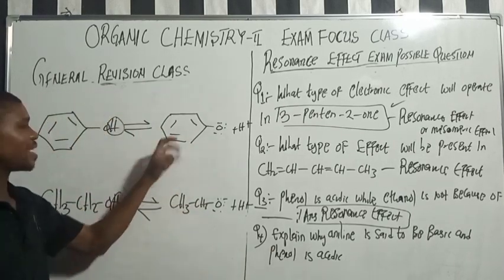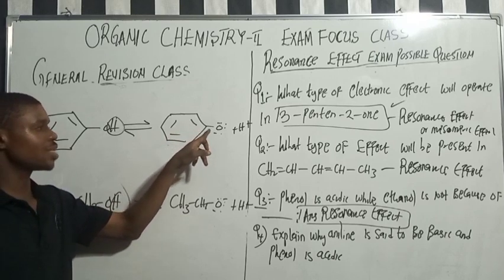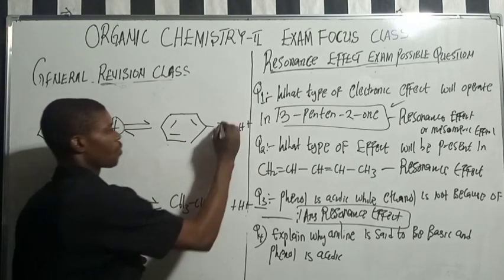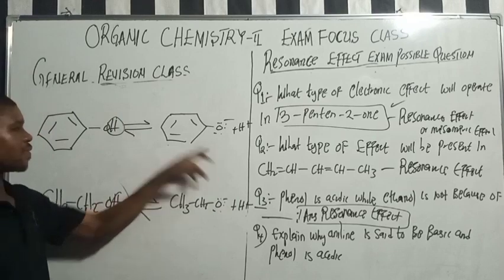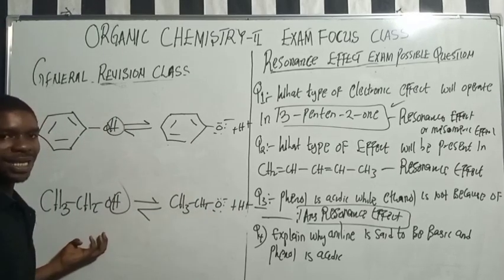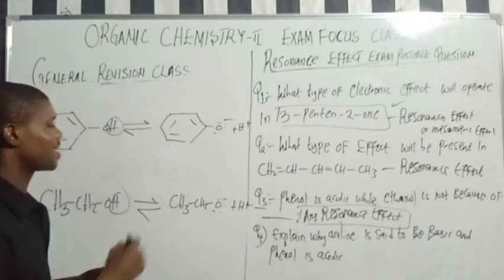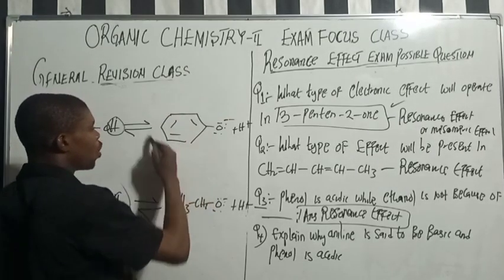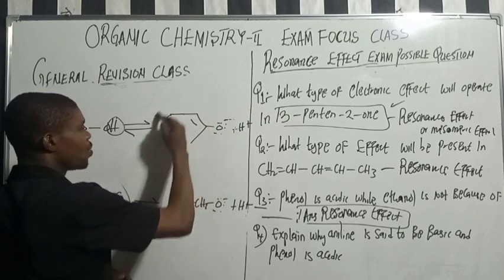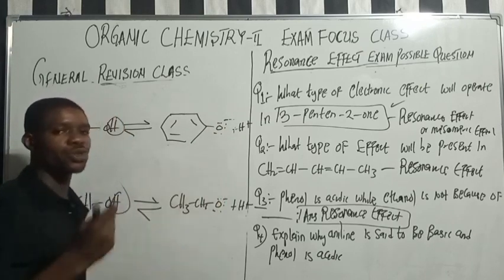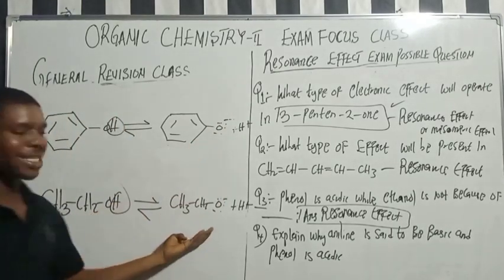So here, this is the conjugate base of this acid, and this is the conjugate base of this acid here. If you are familiar with resonance structures, you understand that resonance occurs at this point. Do you get that? We can have more than two or three resonance structures here, but here there's no resonance structure.